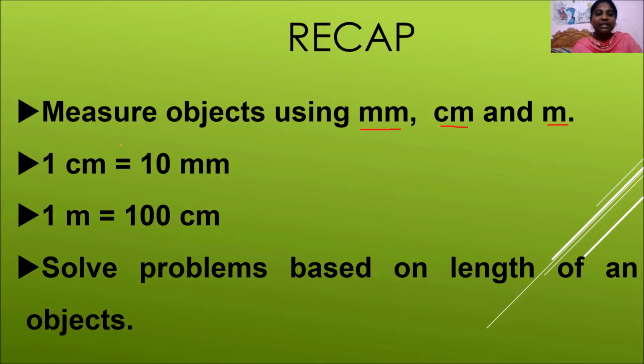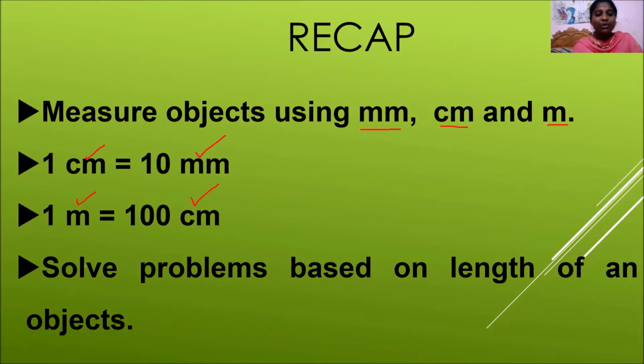While converting centimeter to millimeter, we have to multiply the given number by 10. Next, if you want to convert meter to centimeter, we have to multiply the given number by 100.